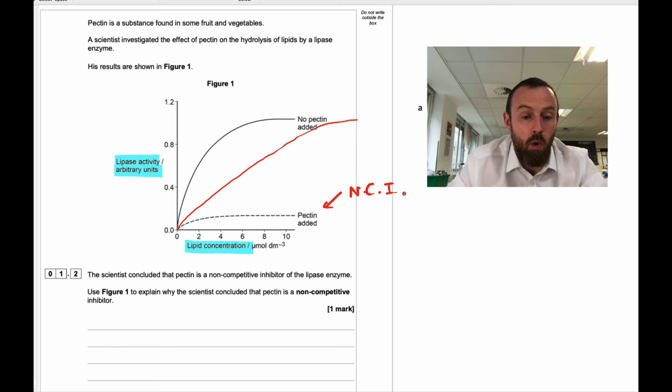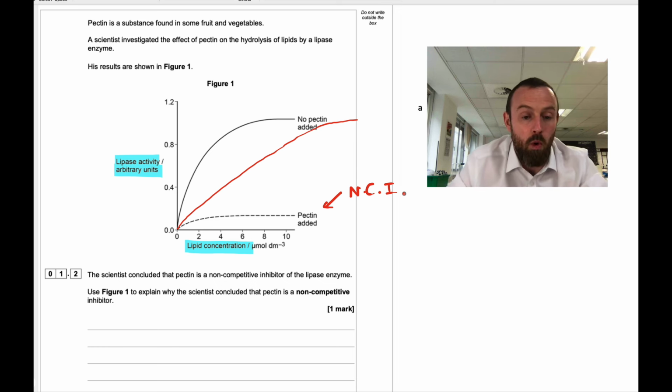So let's see if that's exactly what the mark scheme has said. With the inhibitor, increasing substrate, so adding more substrate, does not increase or change the rate of reaction. Or high substrate does not overcome the inhibition.